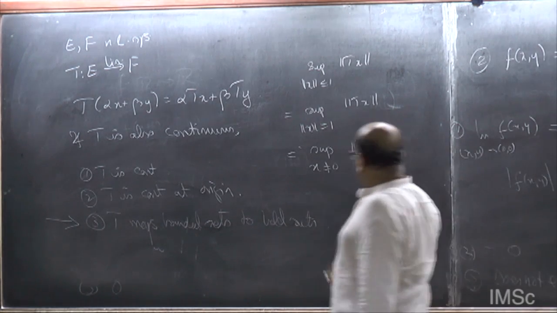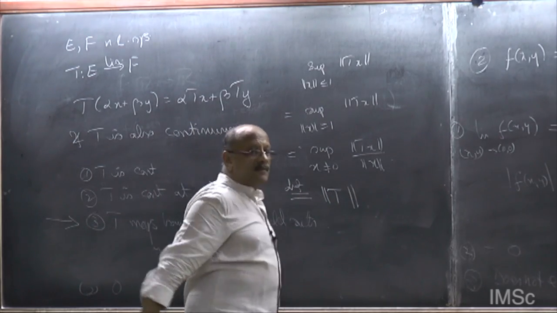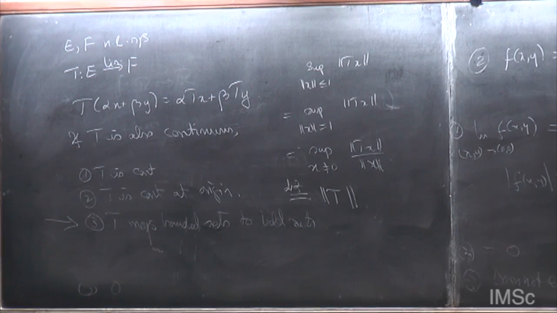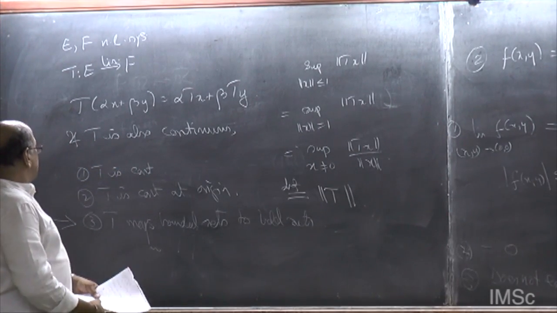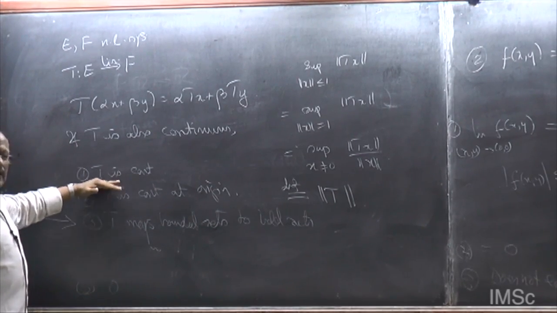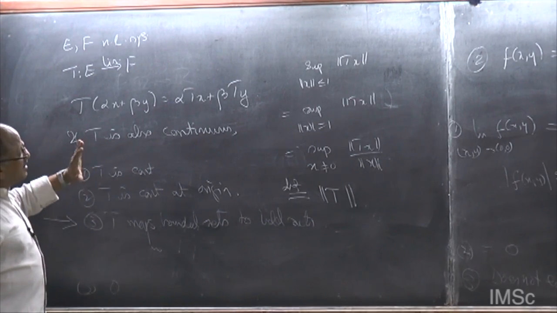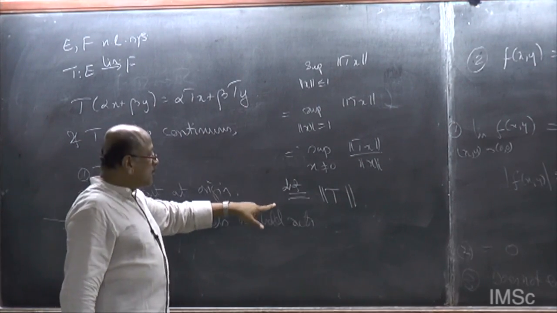And I am going to call this common number, by definition, the norm of T. So if a linear transformation is continuous, it is enough to check at the origin or anywhere you like, or check if it takes bounded sets to bounded sets. And in such a case, these three numbers are all finite and equal, and I am going to call that the norm of T.